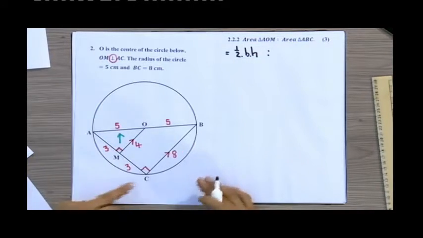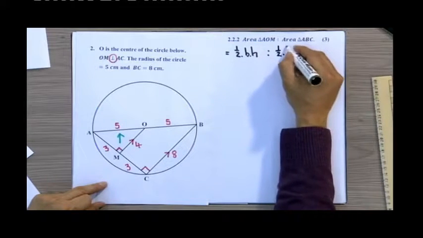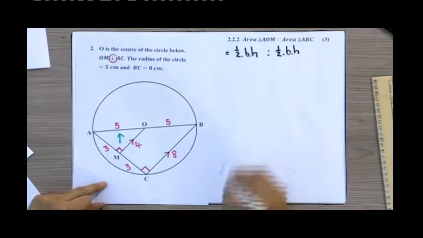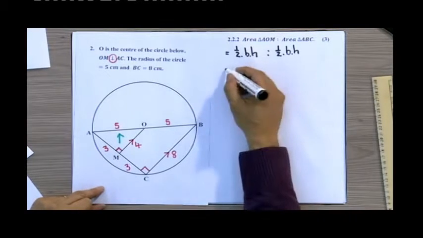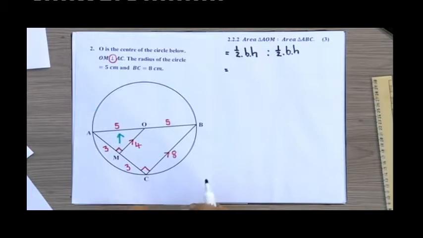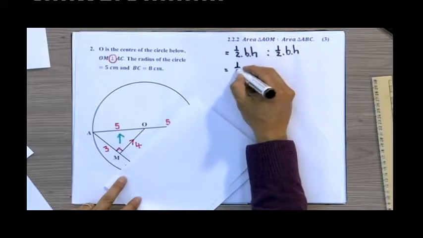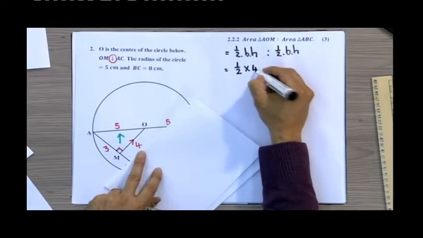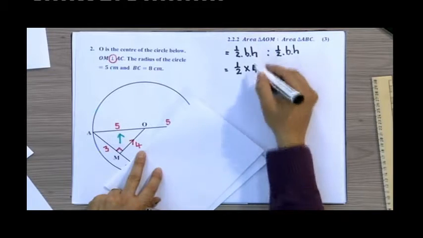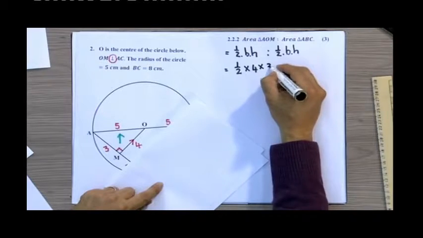The same with the area of ABC, it's a half base times height, right? It's two triangles with 90 degrees. So what is the base of the small triangle? Remember, we work with AOM. Let's have a look at it. It's a half times, my base is, there you can see is 4. You with me? Times, what is my height? There you can see is equal to 3.